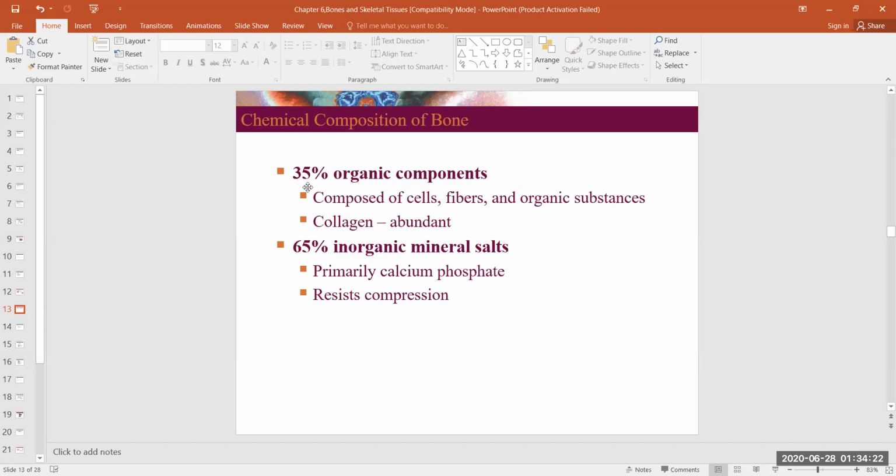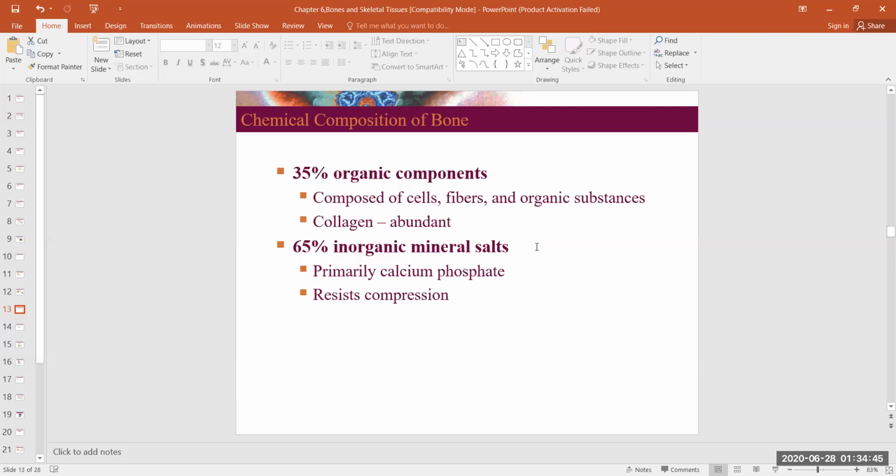So 35% are organic components, composed of cells. Which are the cells? Osteocytes, fibers, collagen fibers, or any organic substance. Organic substances are like protein, glycoprotein, carbohydrate, collagen, and other protein fibers.